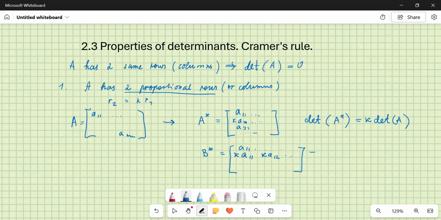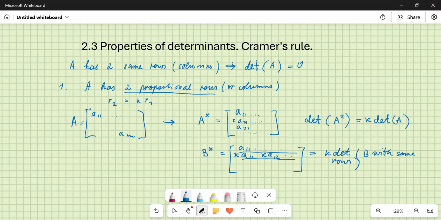So what is going to happen? On one hand, it's supposed to be k times the determinant of matrix B with the same rows, right? Which rows are going to be the same? Row number 1 and row number 2 are going to be the same rows.